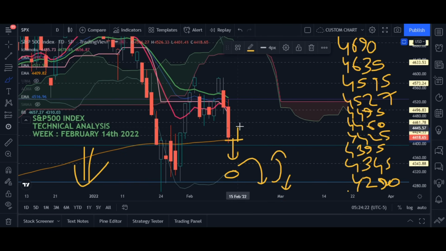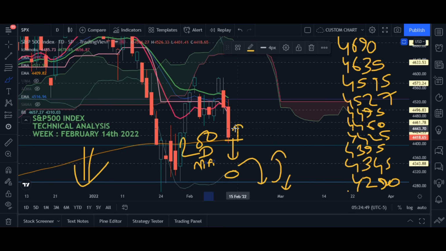The other condition is that if on Monday the market manages to close above the 200-day moving average, so the whole picture will revolve around the 200-day moving average in the coming week.